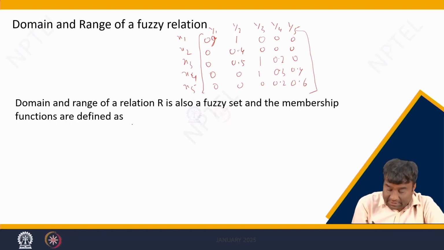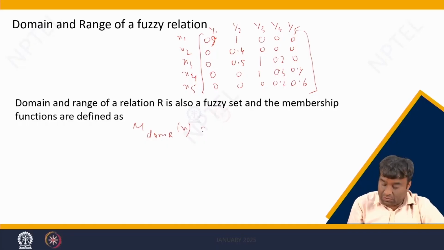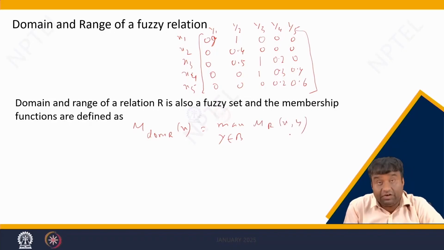The domain and range of a fuzzy relation R is also a fuzzy set, and the membership is defined as mu domain R (x) equals the maximum over y belonging to the set B of mu R (x,y). So here we get the membership value of each and every x by taking the maximum value of that row.